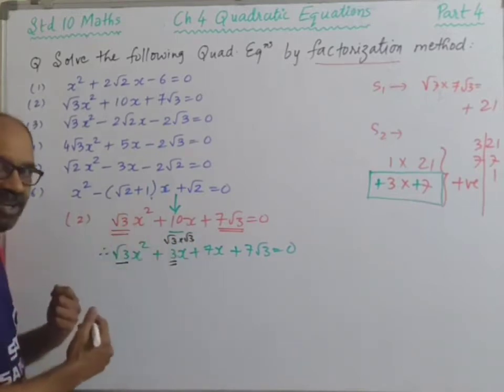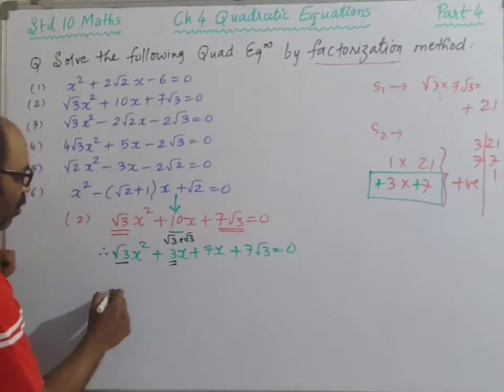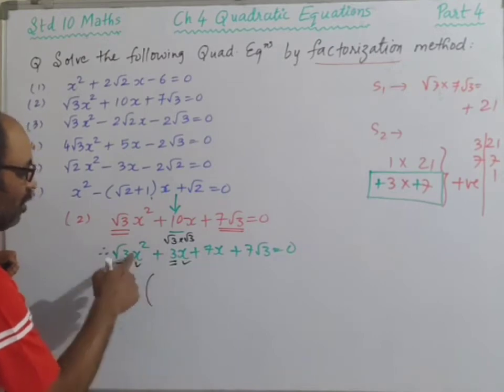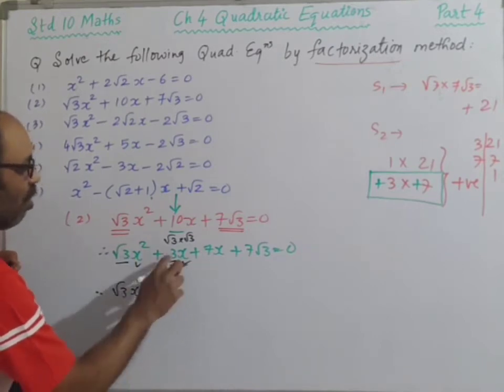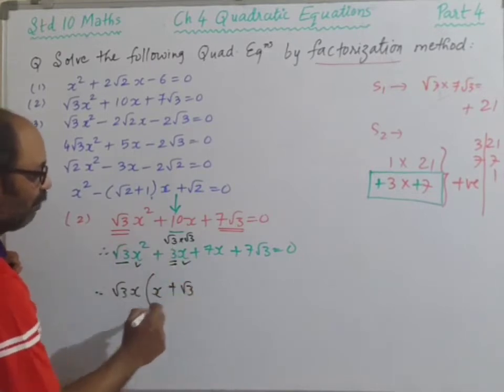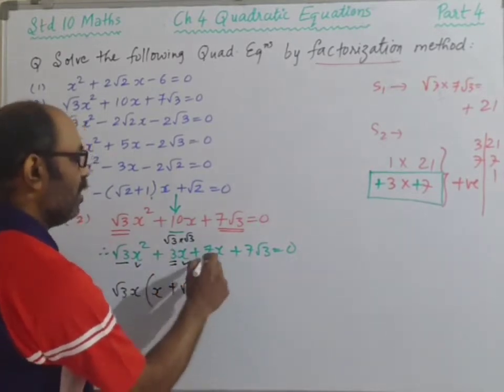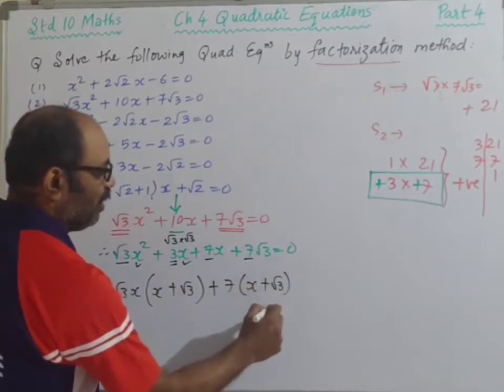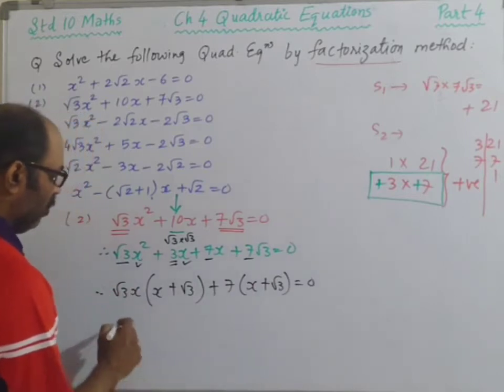Then only you can take root 3 common. So now root 3 is common on x square, and in x, x is common. So here only x is left. And from this 3 which is root 3 into root 3, one root 3 is common. Root 3 is left. That's it. Plus. Here 7 is common. Yes, x plus root 3 that is equal to 0.